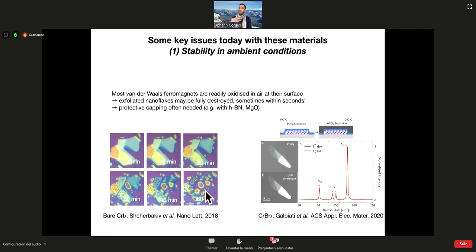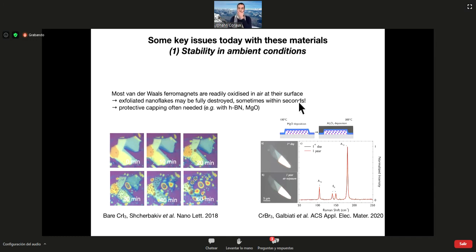So you have, of course, ways to circumvent this problem, and for that purpose you can cap the material with protective layers, for instance, boron nitride, or as our colleagues did in the UMP Thales CNRS, where they deposited magnesium oxide on the material.